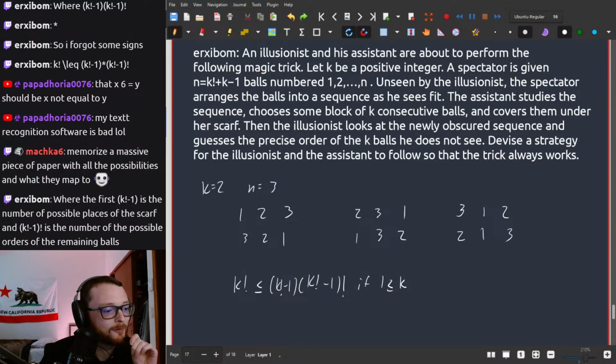K factorial minus 1 is the number of possible places of the scarf. K factorial minus 1 factorial is the number of possible orders of the remaining balls. Hmm.